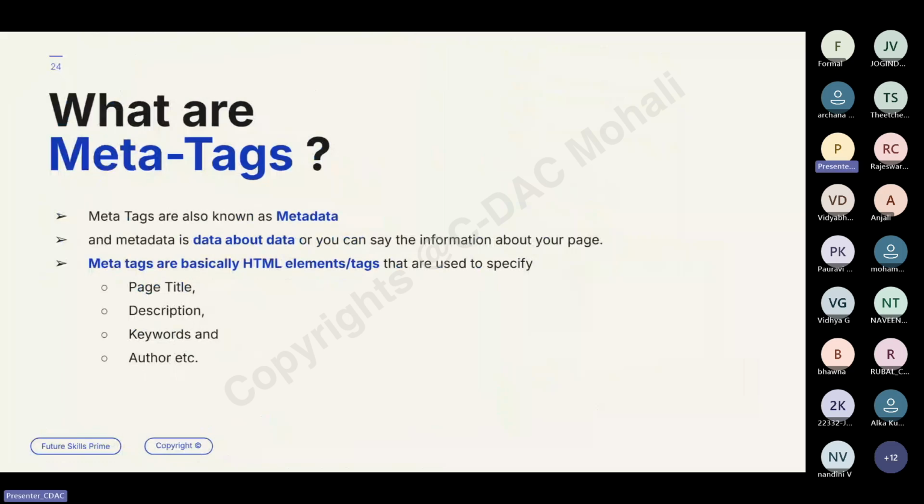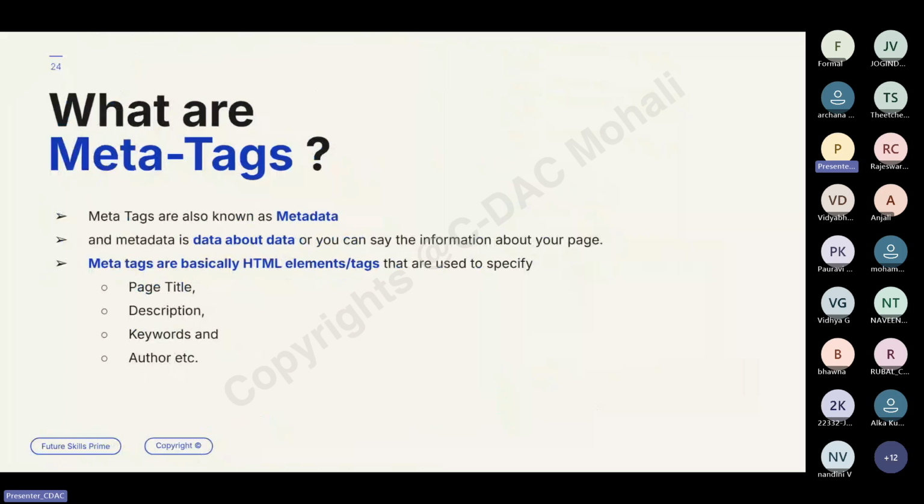If we describe it in simple words, the information about your web page that is described in some specific tags, those tags are meta tags, and the information defined inside those tags is known as metadata. So basically the metadata is providing information about your web page.